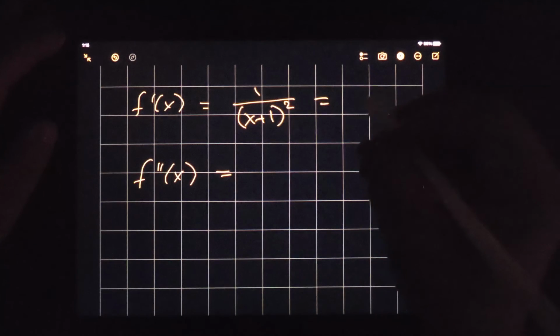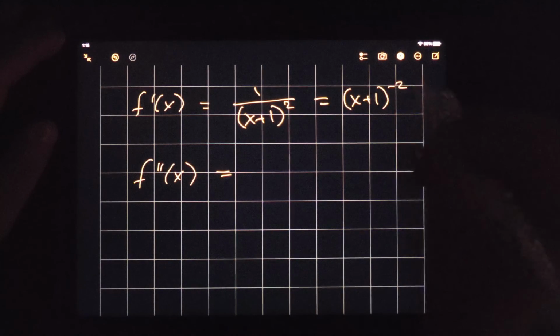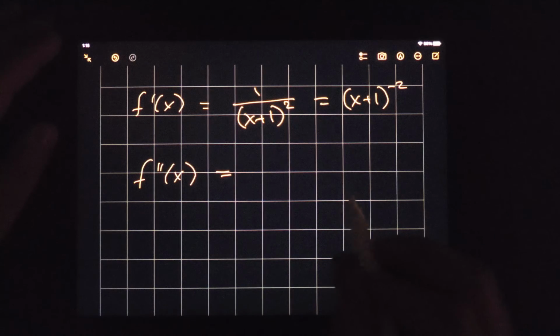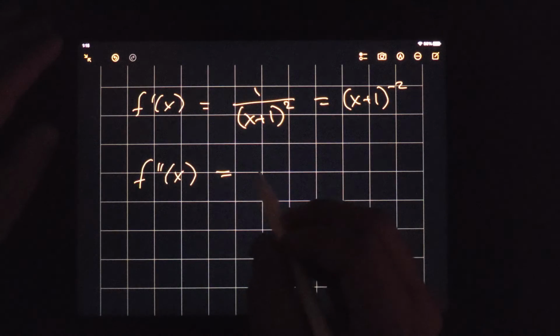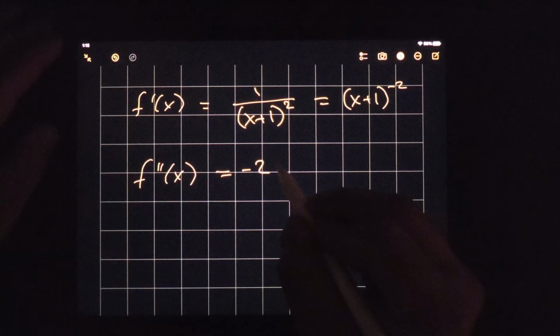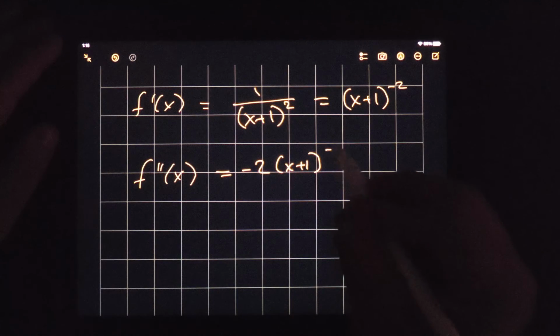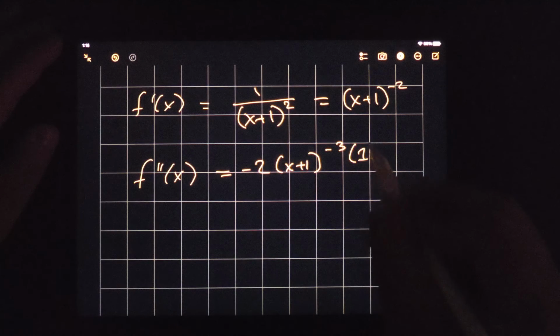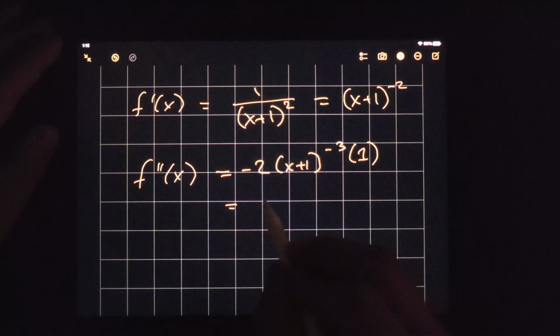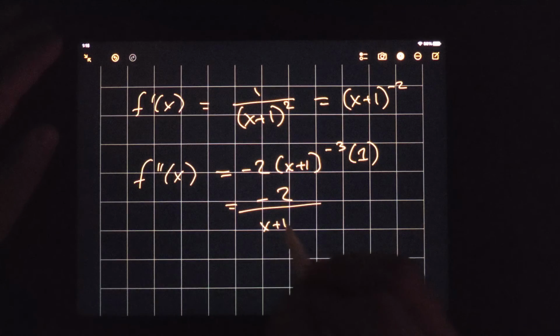Let me just rewrite this like that. x plus 1. So I'm going to do the derivative of that using the chain rule. So that'll leave me with the negative 2 in the numerator, and then the x plus 1 to the power of 3 in the denominator.